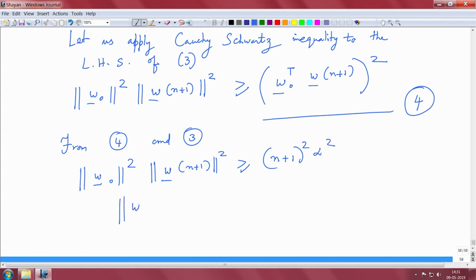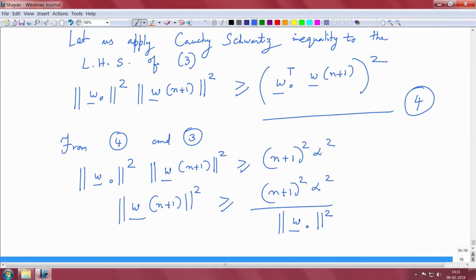So, I can write the norm of W n plus 1 squared is greater than or equal to n plus 1 squared times alpha squared upon the norm of W naught squared. If you are savvy, you will know that the W naught that you have is not an all 0 vector, right. You may say it is a divide by 0 problem, and that is a trivial case, so you would not have that situation.